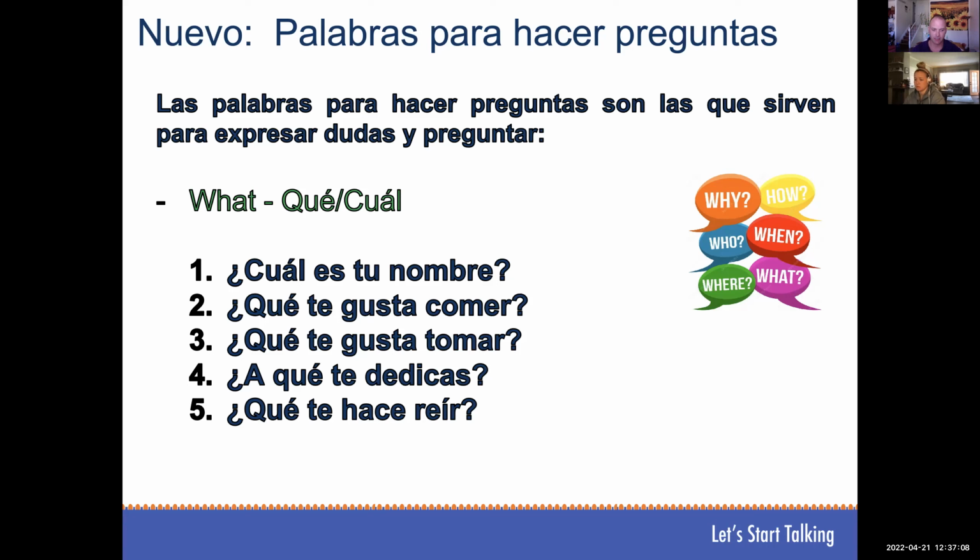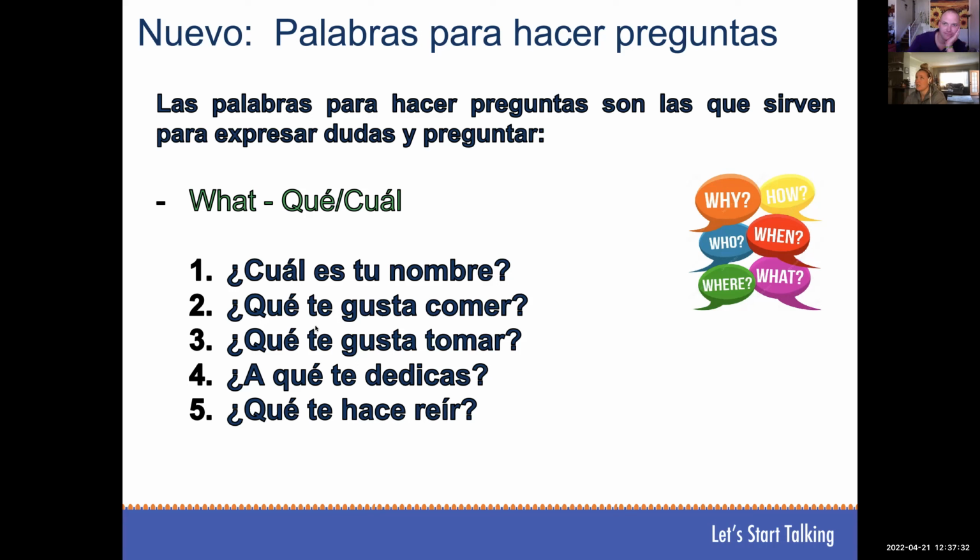¿A qué te dedicas? So, ¿qué significa that phrase? Like what do you do for work? It looks like, what do you dedicate yourself to?